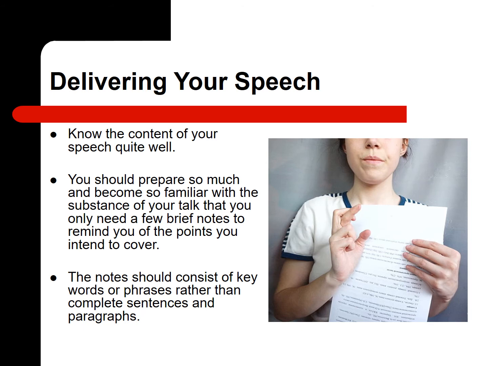And you need to have your notes be keywords and phrases rather than complete sentences and paragraphs, so that I can glance down and see 4-H and I go, oh yes, Susan really enjoys sewing as part of her participation in 4-H. Or I can look down and see soccer and I can go, oh yes, Paul is the starting goalkeeper for the VHS soccer team.